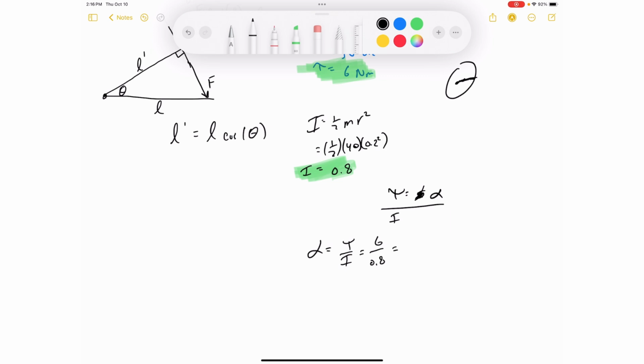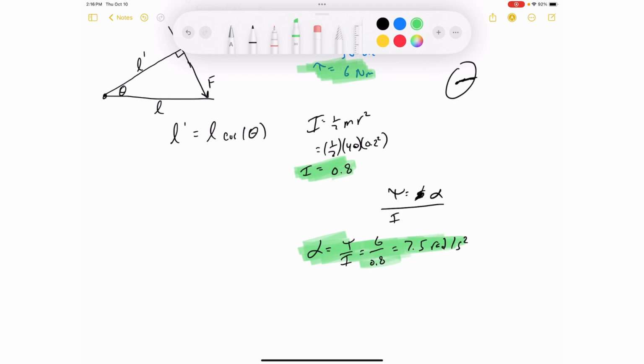Therefore, alpha is 7.5 radians per second squared. Okay, so we got that. That's alpha, which is great.